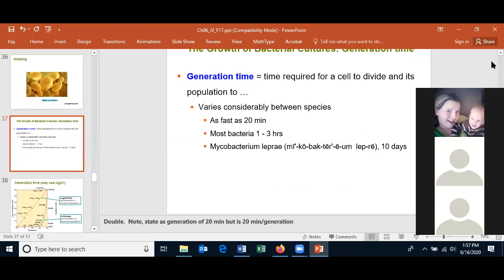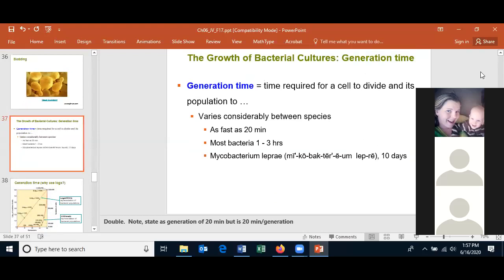When we talk about cells growing, we say their generation time is the time required for one cell to divide into two, or it's the same thing for a population of cells, the time for that population of cells to double in number. Okay? So for species, it doesn't matter if that's the time it takes for one cell to divide into two or the population number to double.